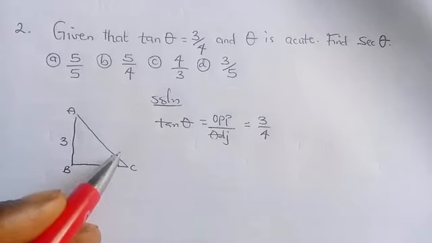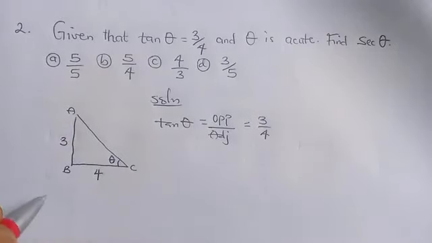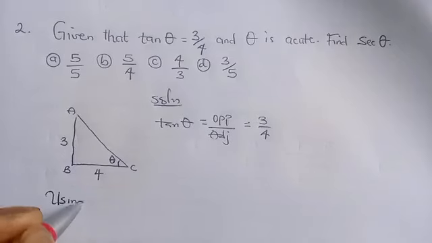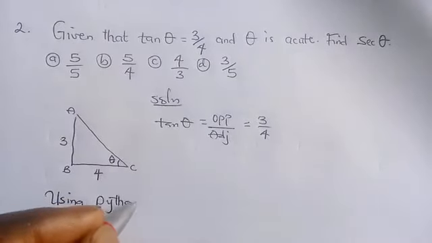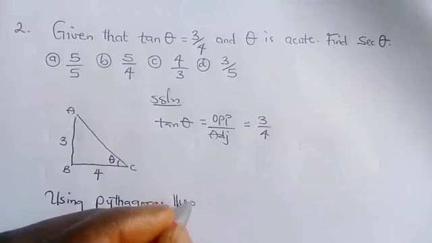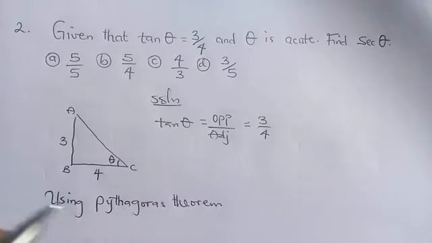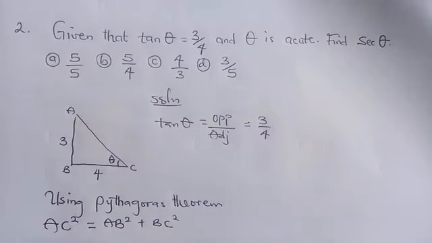For us to get the hypotenuse, which is line AC, we are going to do that using Pythagoras theorem. We will have AC square equal to AB square plus BC square.